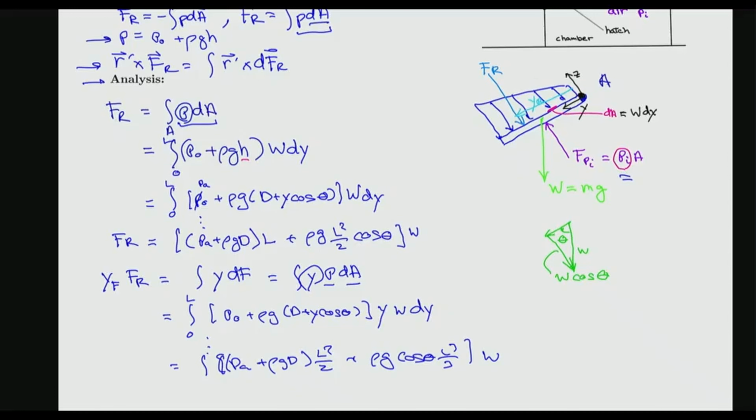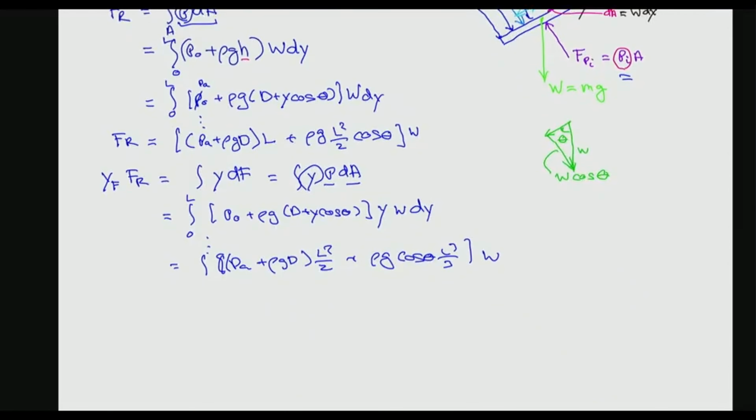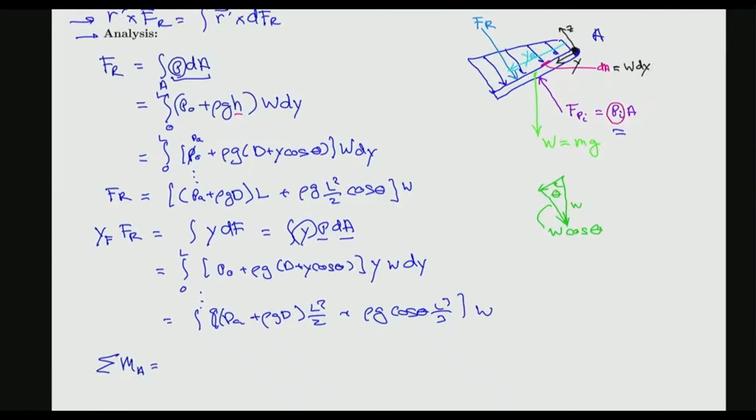Okay? So now let's see if we can do that. Sorry, I'm trying to be color-coded, but it'll take me a little while. So now we sum moments about point A, okay? And we have everything set up. So right-hand rule is going to cause a positive y_f F_R.